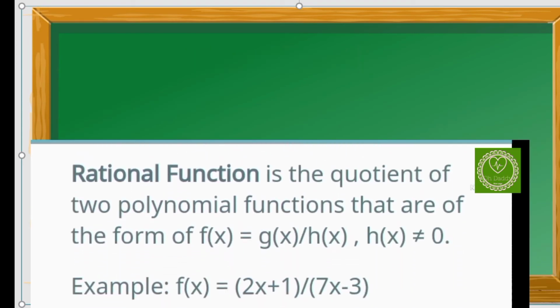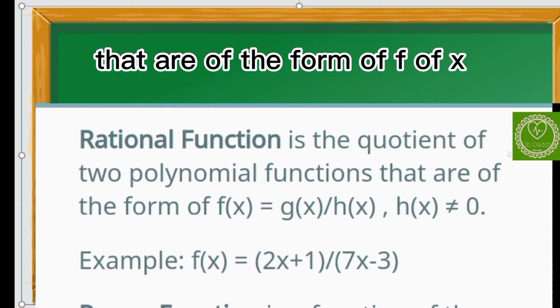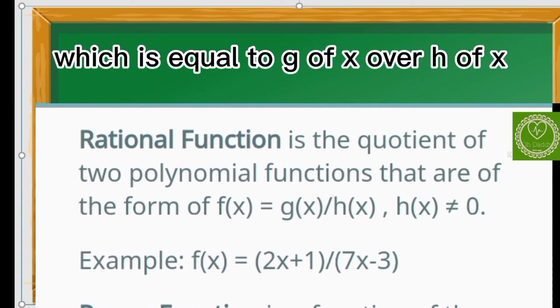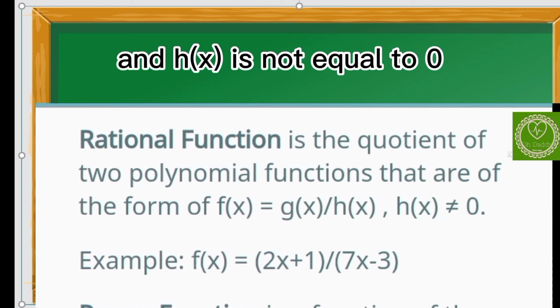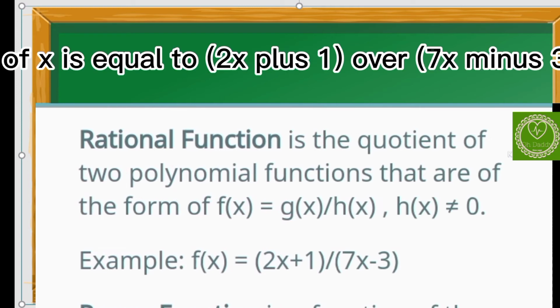Rational function is the quotient of two polynomial functions that is of the form f(x) equal to g(x) over h(x), and h(x) is not equal to 0. Example, f(x) = (2x + 1) over (7x - 3).